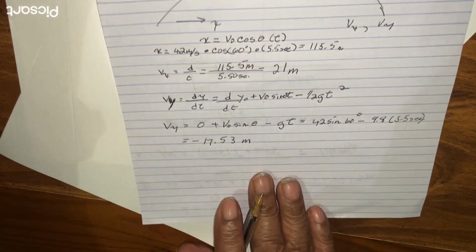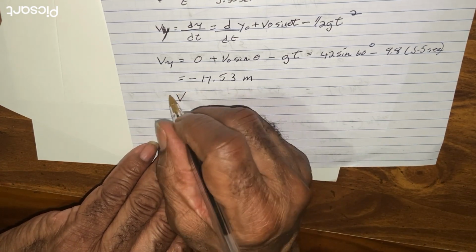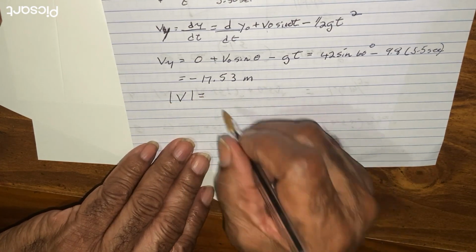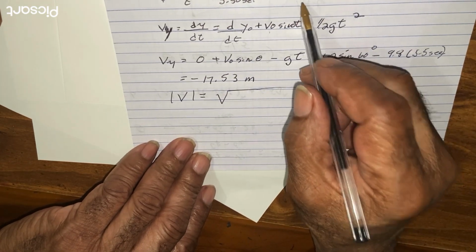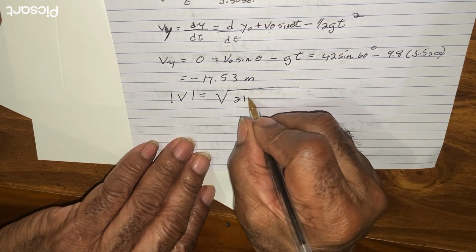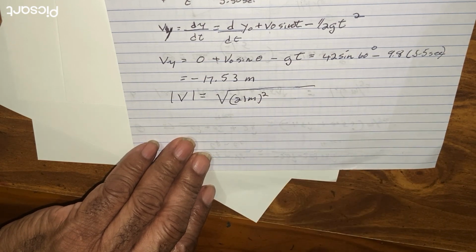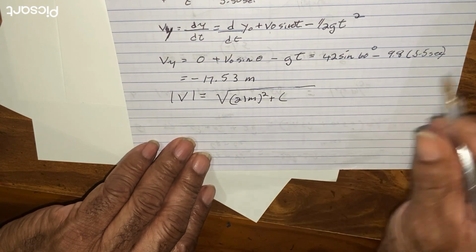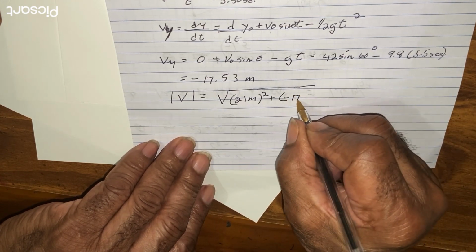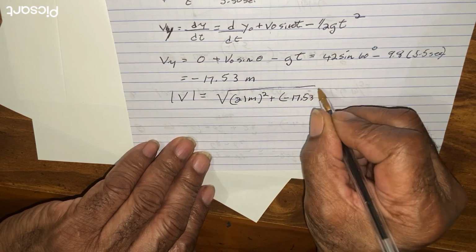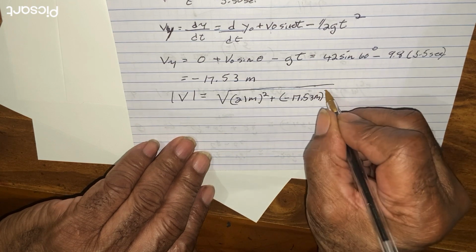Okay, to get the magnitude, all we have to do is take the square root of V sub x squared, 21 meters per second, plus V sub y squared, minus 17.53 meters per second.